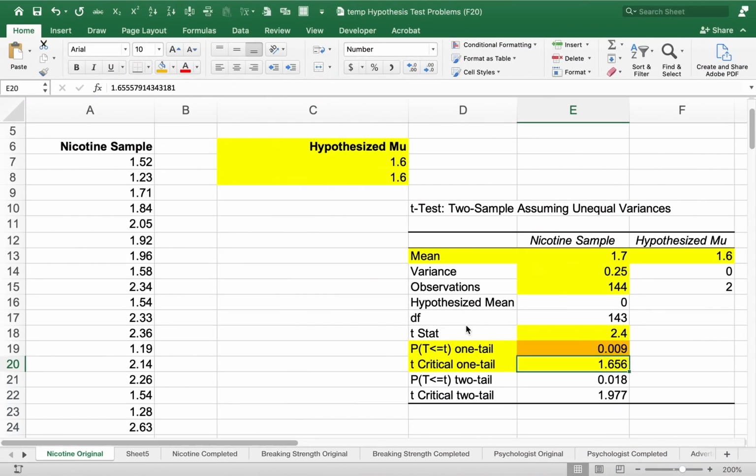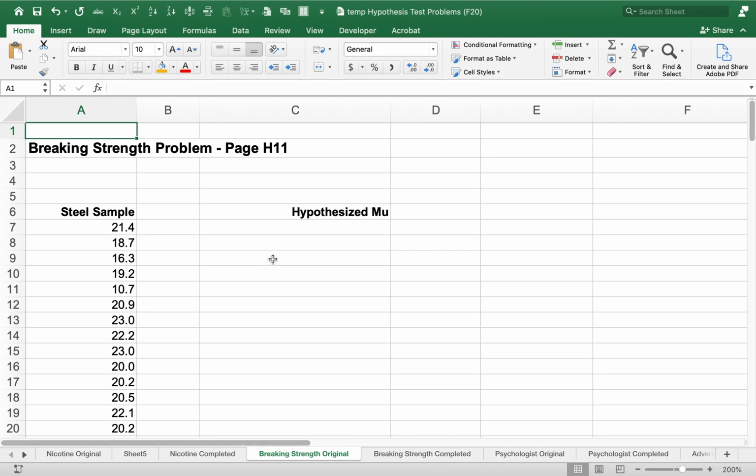In Excel, what we do is we go over here and we've got our steel example. I've got numbers here that actually average out to the sample mean that's given here. And the hypothesized mu, again, we're going to set up a dummy second sample.